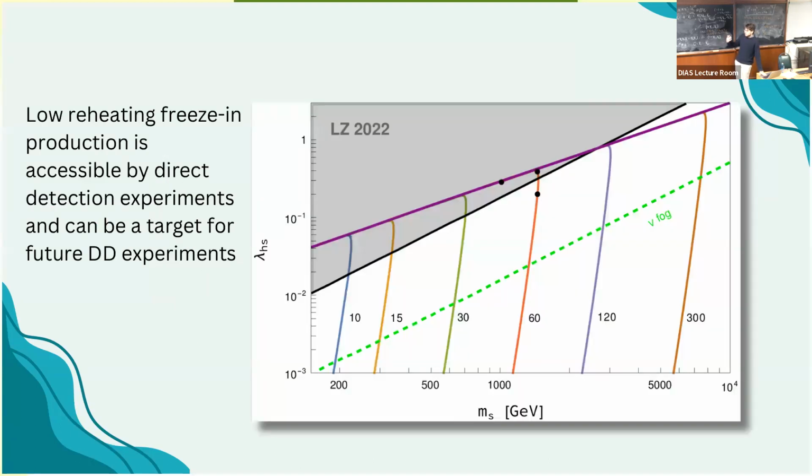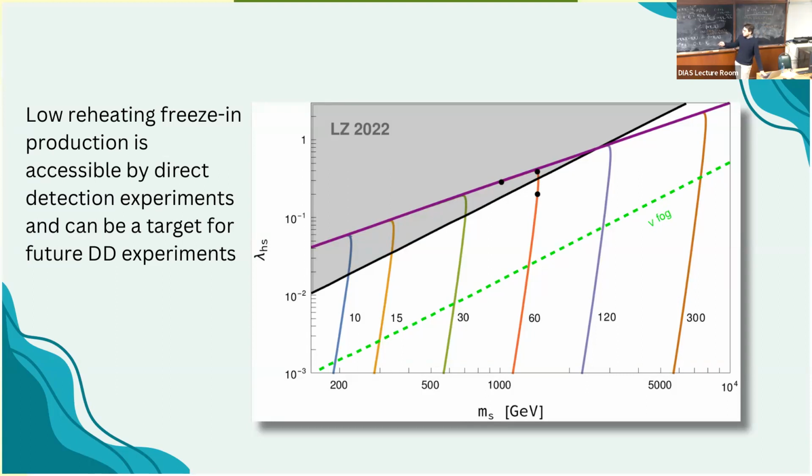But generally, if you have low reheating temperature, you have a change in your freeze-in because your production rate can be Boltzmann suppressed when the reheating temperature is lower than the mass of your dark matter. And now the freeze-in can be targeted by direct detection experiments.